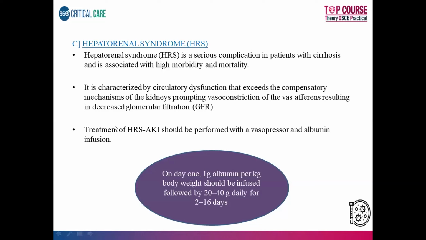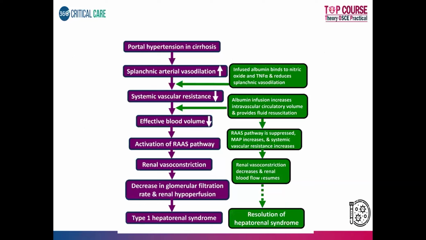As we know, the treatment of HRS is a vasopressor, that is terlipressin which we use, and albumin combination. So what is the dose of albumin for HRS? On day 1, 1 gram of albumin per kg body weight should be infused, which is followed by 20 to 40 gram daily for 2 to 16 days. So maximum you can give it for 2 weeks.